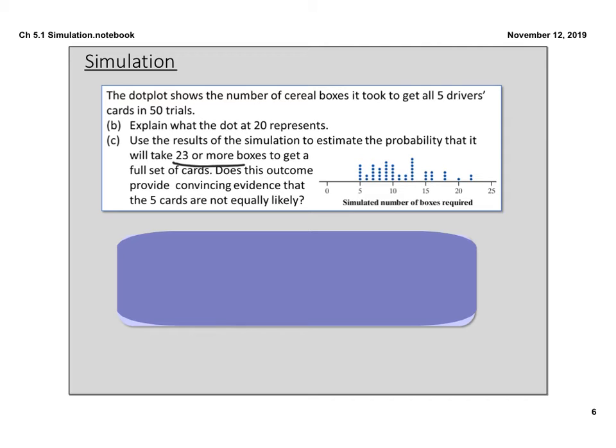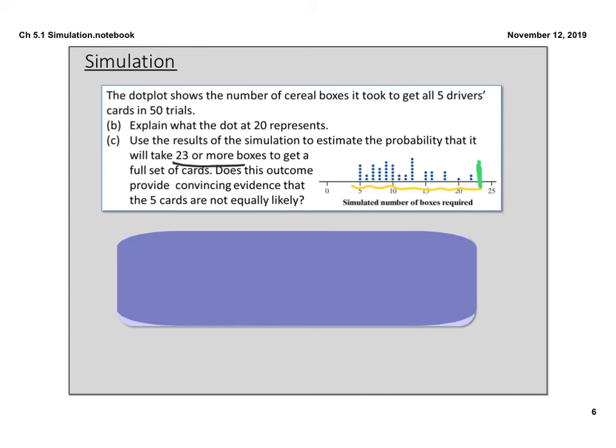So if I take a look at part C, I'm looking at how many times in this dot plot did I get above 23? Here's 23 right here. If you look, all of the dots are below 23.